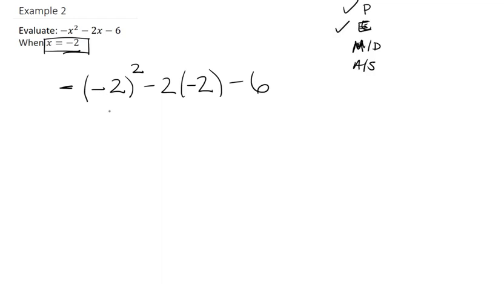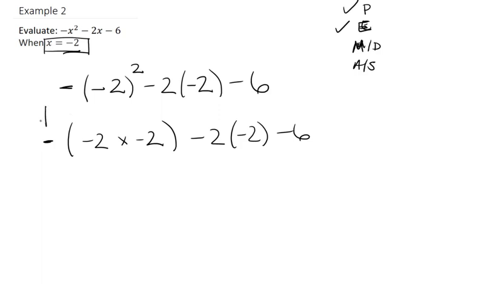So we have this negative 2 raised to the second power, so we have minus 2 times minus 2, and then minus 2 times negative 2 minus 6. Going back to this exponent, negative 2 times negative 2 is positive 4, but we have this negative sign, so it becomes negative 4. We just write it like that.